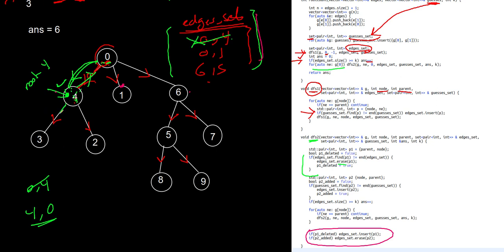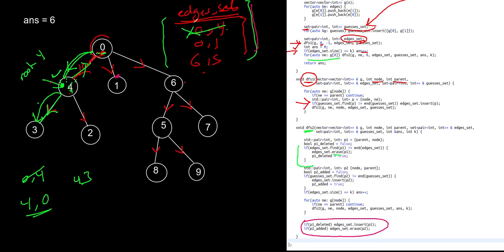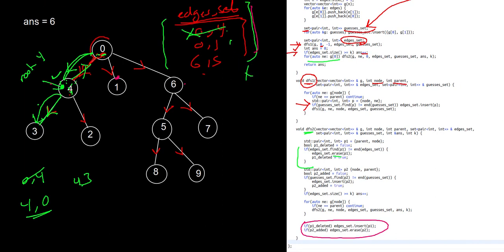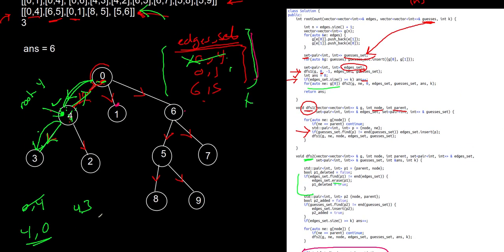Then because we are doing DFS, now we visit 3 again. 4, 3, because we came from 4 to 3. Is 4, 3 in this edge set? No. Answer is no. Now we need to check 3, 4, because now our root is 3.